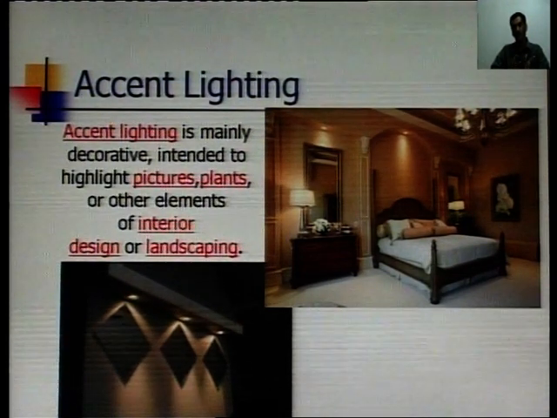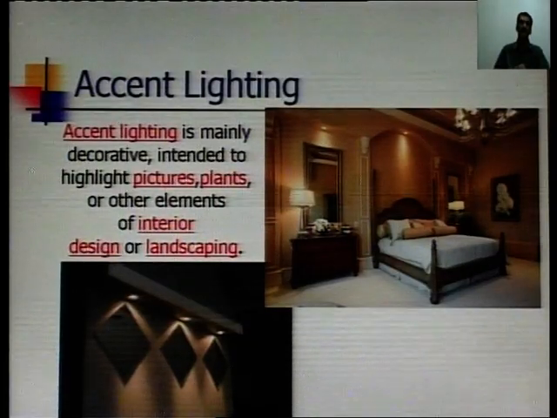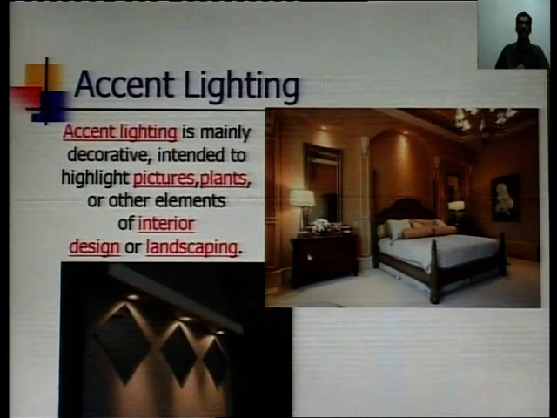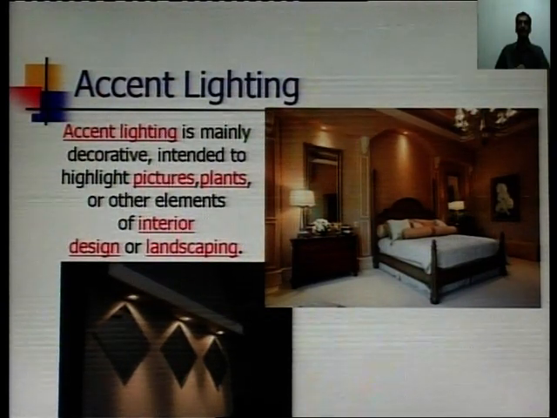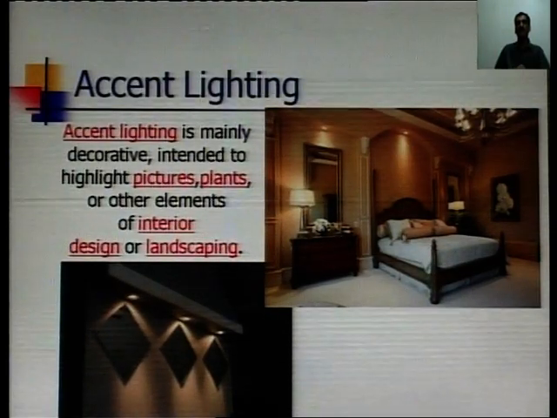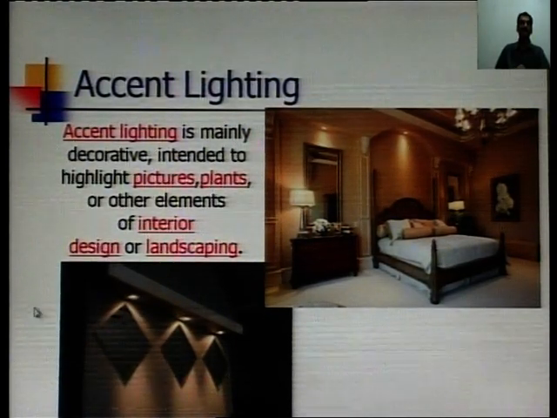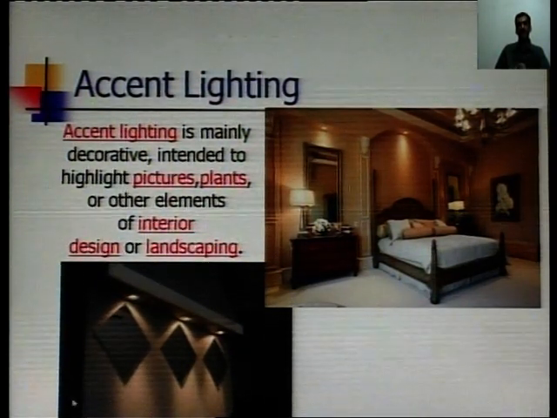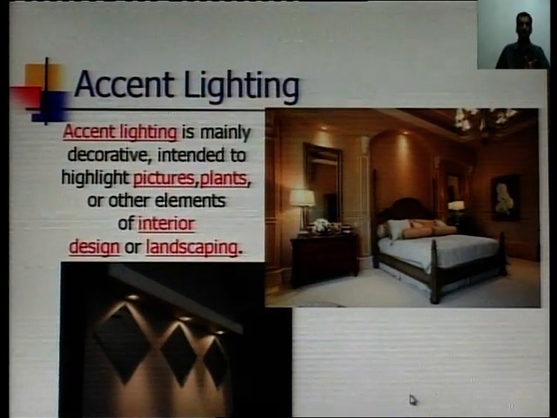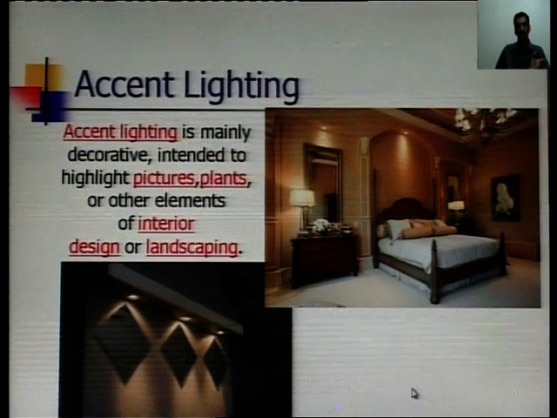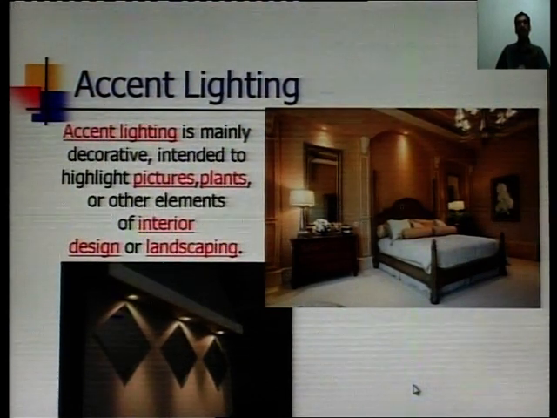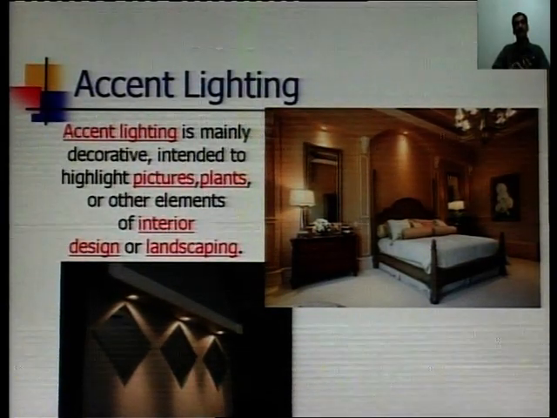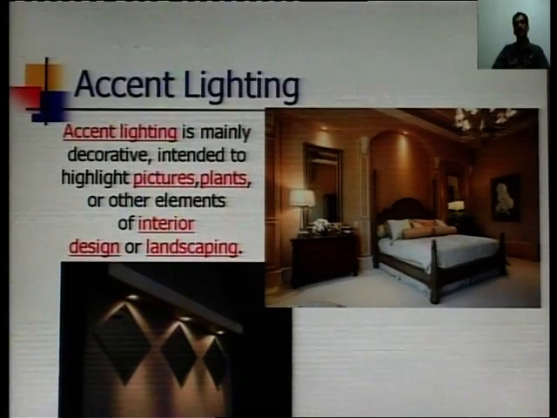Like in a room, in a home, we have a painting on the wall, and then some sort of table lamp, then a light at the back of our bed, some cove lightings and recessed lightings to highlight particular architectural themes and interior themes in a room, and in restaurants and that kind of places. So that kind of lighting is your accent lighting. It is mainly for decoration, pictures, plants, interior design and landscaping.